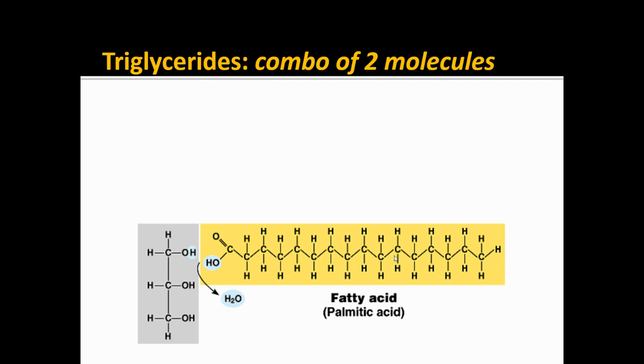And fats are composed of carbon, hydrogen, and oxygen, but not in a 1 to 2 to 1 ratio like carbohydrates. In fats, there is a whole bunch of carbons, a whole bunch of hydrogens, and only a few oxygens. Here we have 2 oxygens, and you got 1, 2, 3, 4, 5, 6, 7, 8, 9, 10, 11, about 15 carbons there.